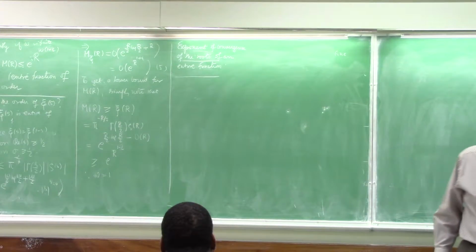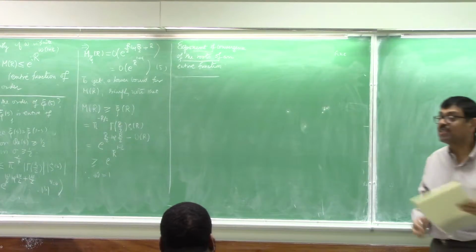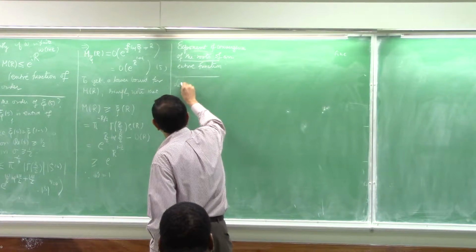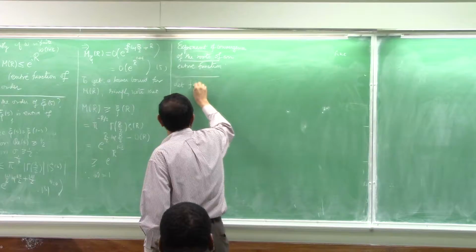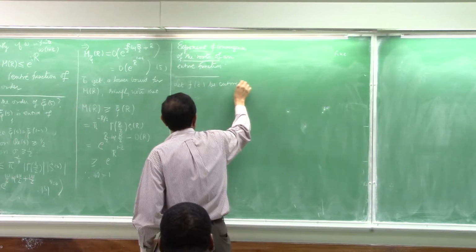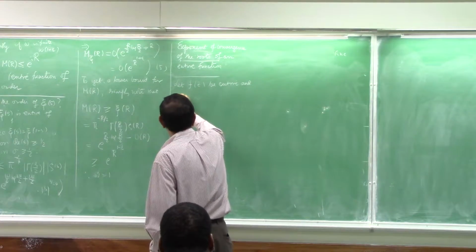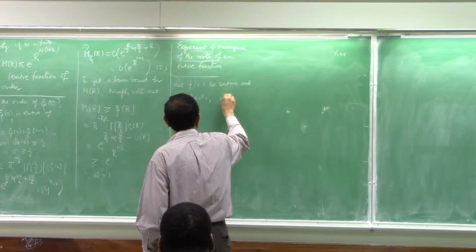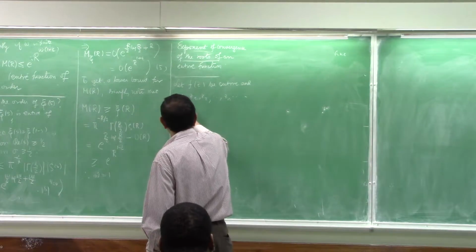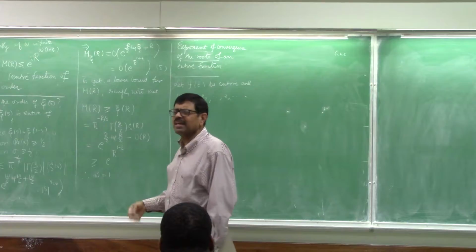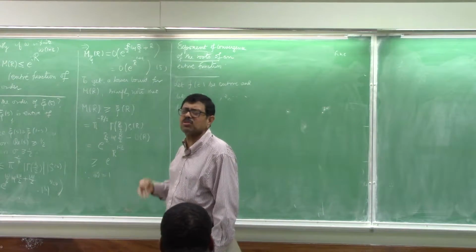So we now introduce what is called the exponent of convergence. All right. So let f of z be entire, and let z1, z2, ..., zn be its roots, written in ascending order of absolute value.